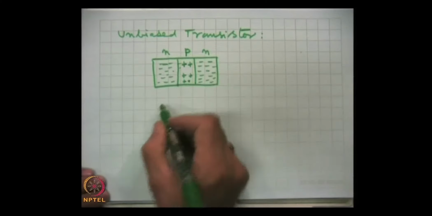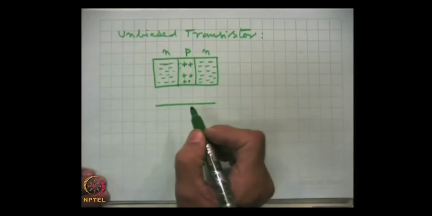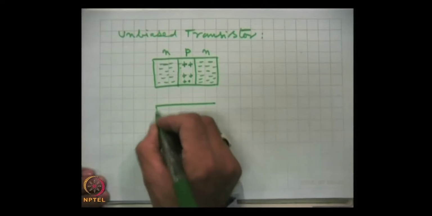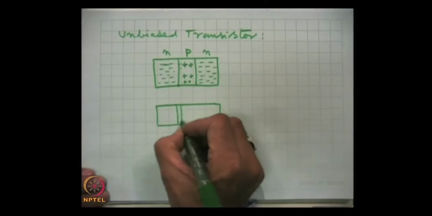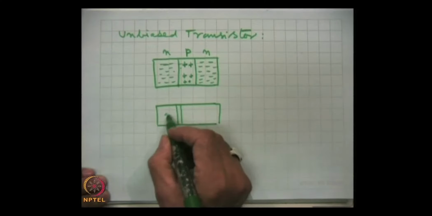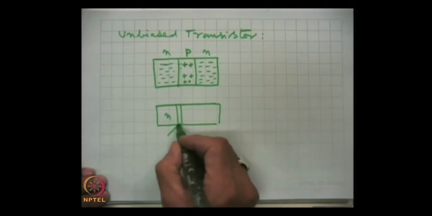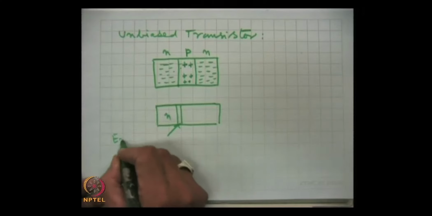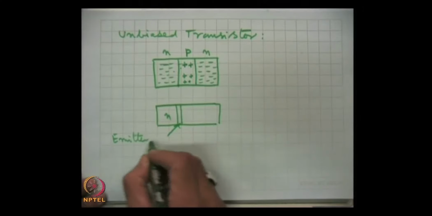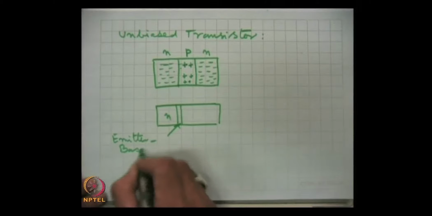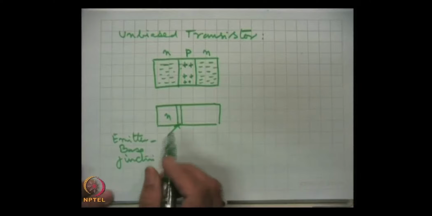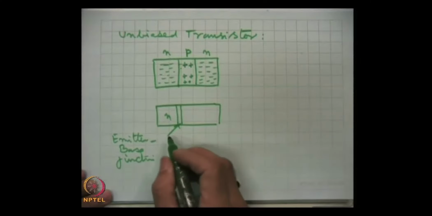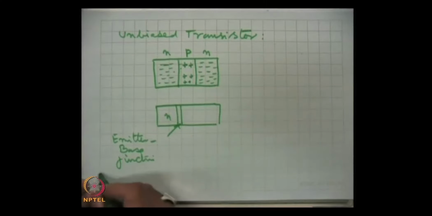So, a junction is formed here and that junction is called the emitter base junction, and popularly it is enough to write it as the emitter junction.